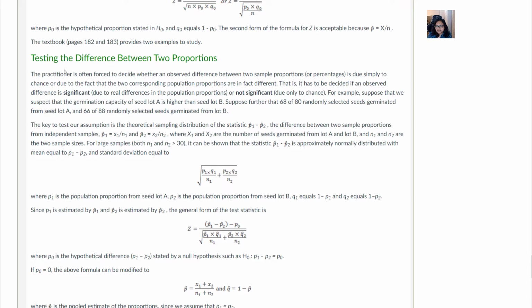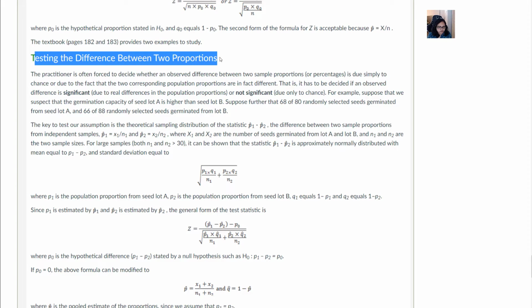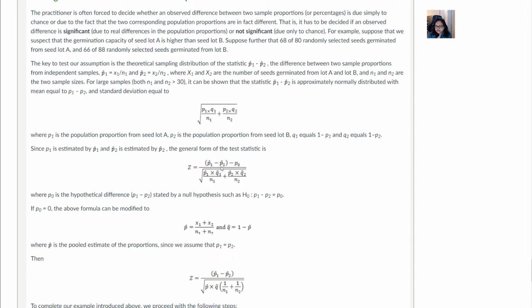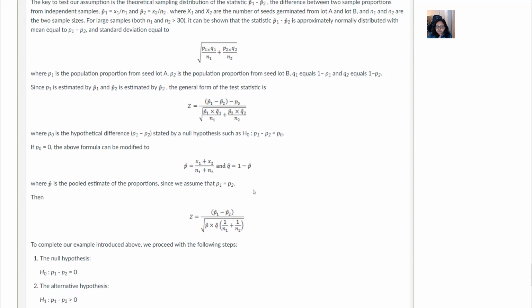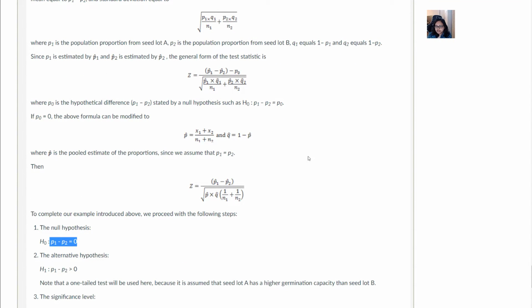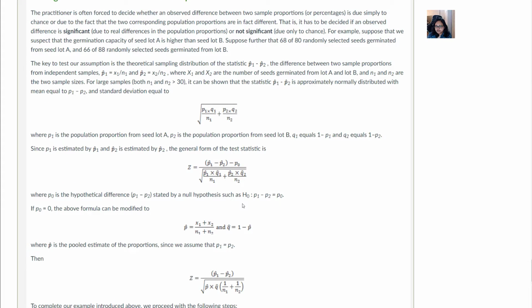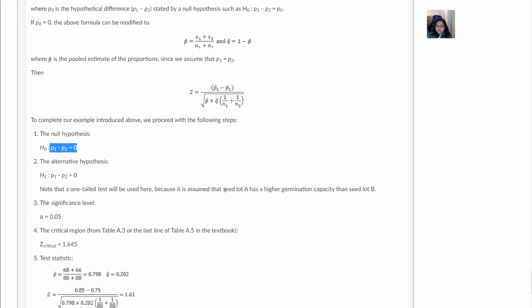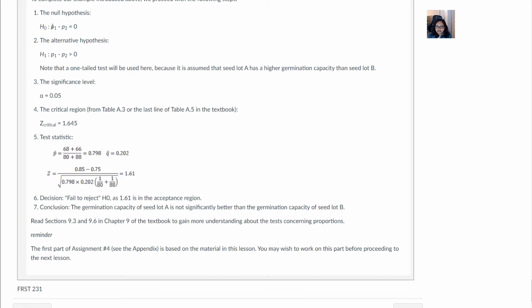If we have the test for the difference between two proportions, then all you need to do is use the two proportions and find the difference between them in the population, and then the standard error for the difference between the proportions. So we test whether the proportions are the same or not. In our hypothesis we say that they are actually the same, and we use a one-sided test with level of significance 0.05.